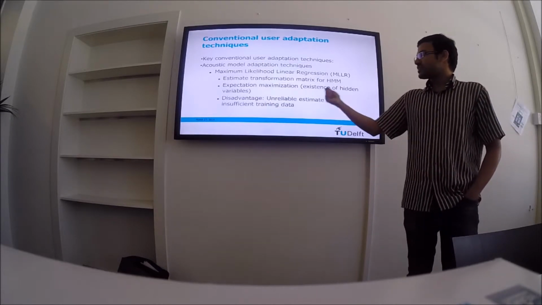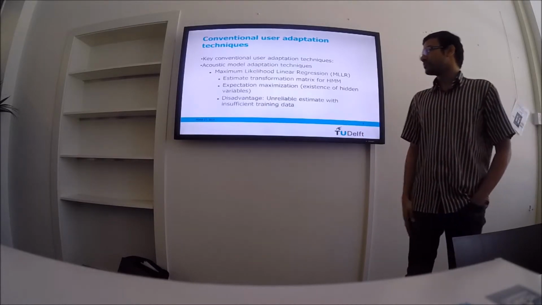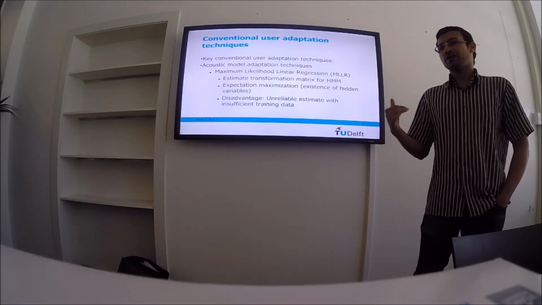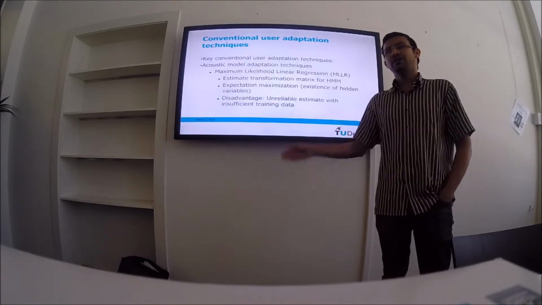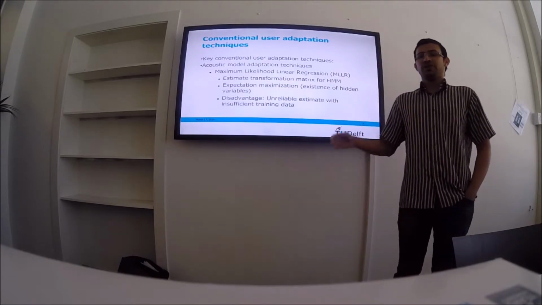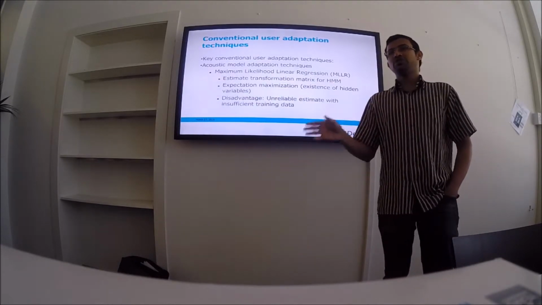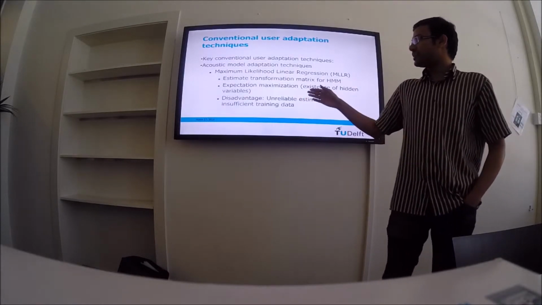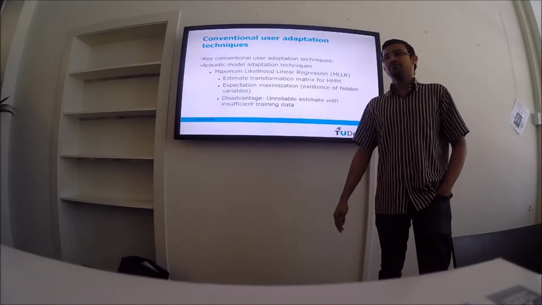So it will maximize the hidden variables' probability also. The disadvantage here is that there can be an unreliable estimate if the training data is insufficient. To rectify that, we have the maximum a posteriori method, which results in a posterior probability that can be used here also.